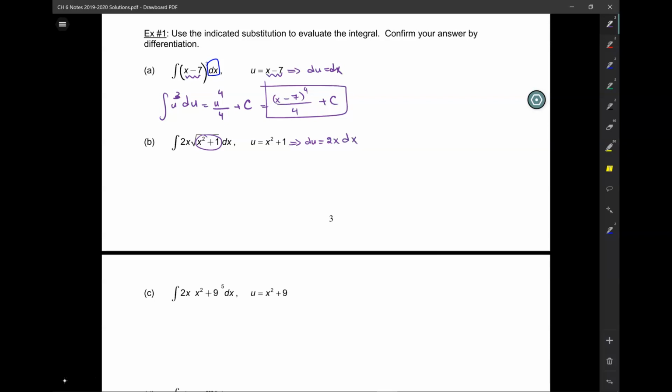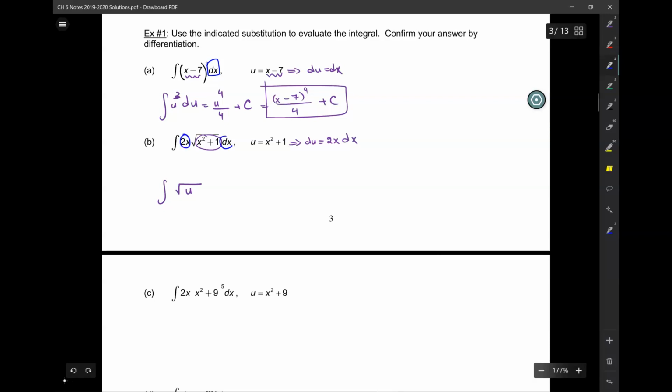Okay, now, I go here. We have the square root of x squared plus 1. That's a u. Okay? So now I've accounted for the square root. What have I not accounted for? The 2x and the dx.